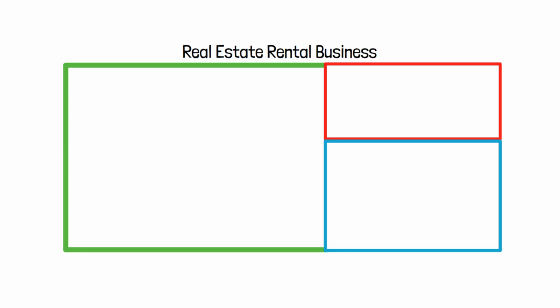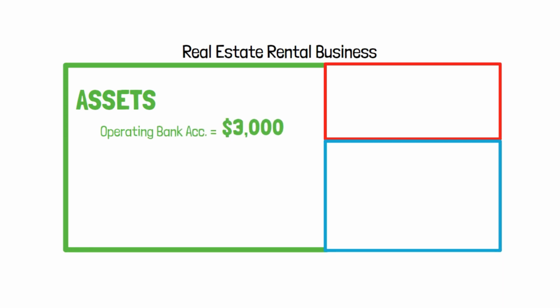First, on the left-hand side, we can see the assets of the business. And under the assets, we can see that the operating bank account currently holds a balance of $3,000. We can also see that the escrow account holds a balance of $1,000, probably from your very first tenant security deposit payment.